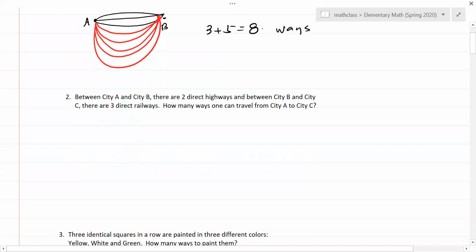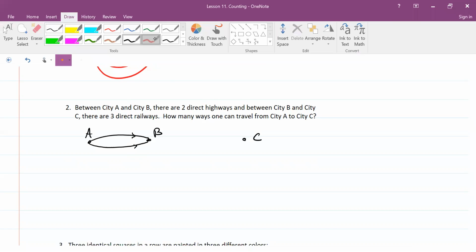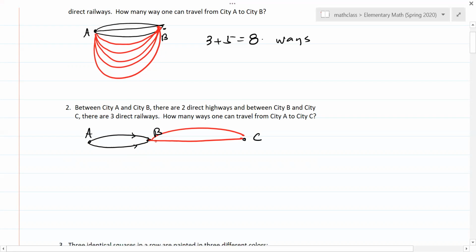The second problem: we have 3 cities now. City A, city B, and city C. Between city A and B, there are 2 direct highways. And between city B and city C, there are 3 different railroads. 1, 2, 3.